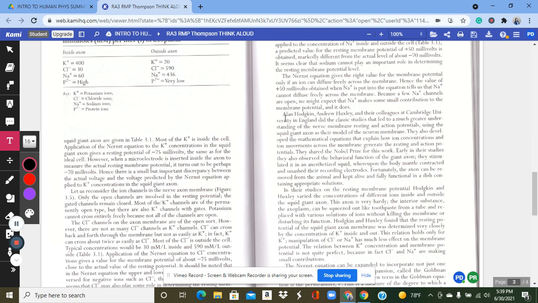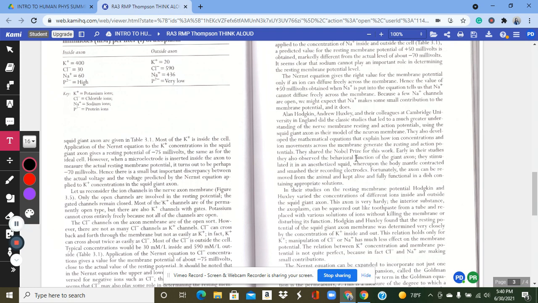Okay, so Alan Hodgkin, Andrew Huxley, and their colleagues at Cambridge University in England did the classic studies that led to a much greater understanding of the nerve membrane resting and action potentials, using the squid giant axon as their model of the neuron membrane. They also developed the mathematical equations that explain how ion concentrations and ion movements across the membrane generate the resting and action potentials.